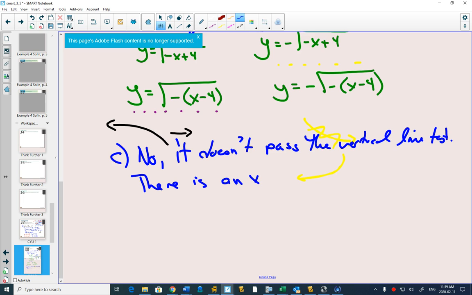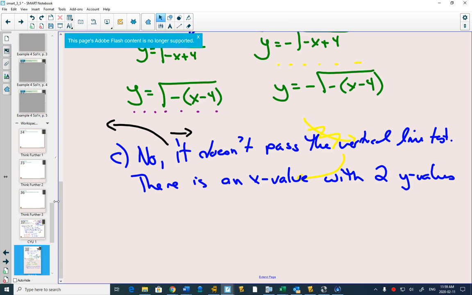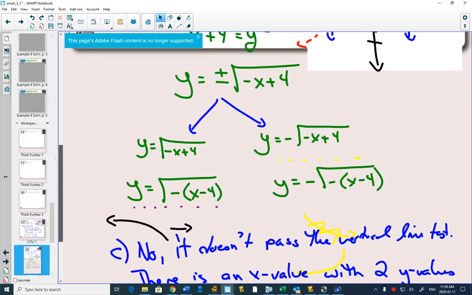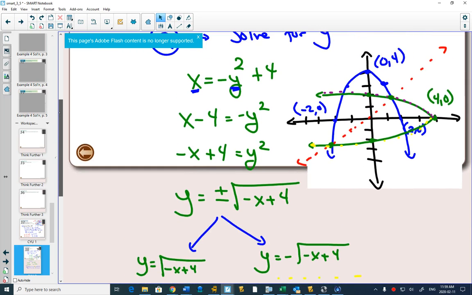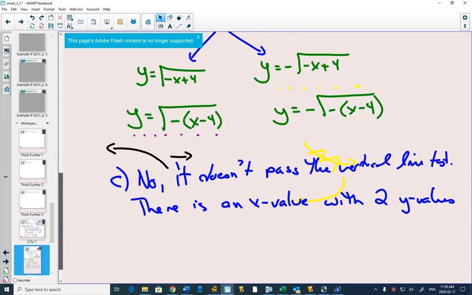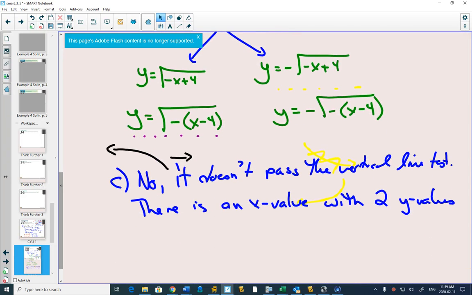There is an x value with 2 y values. If I drew a vertical line on that green graph, I'd hit 2 y values almost everywhere. So that makes it not a function.